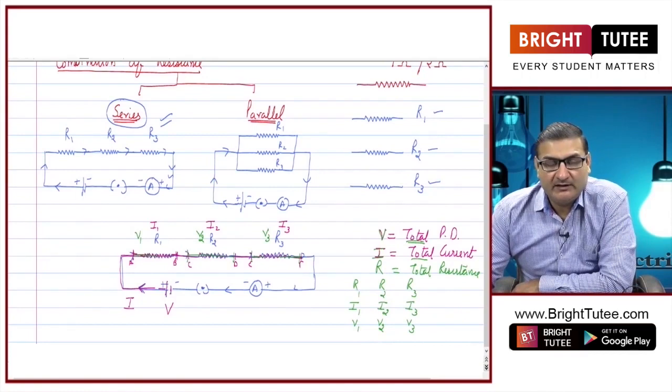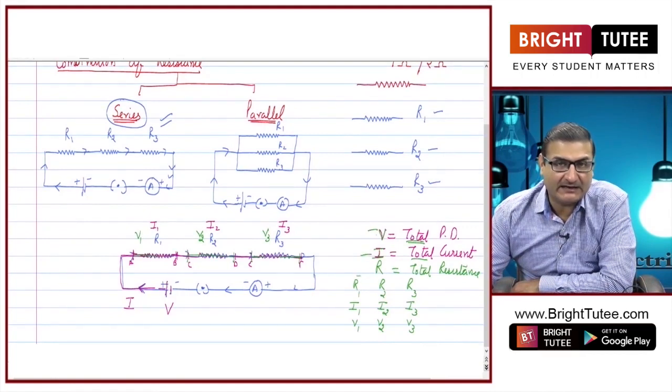So, try to be familiar with these alphabetic representations of capital V, capital I, capital R. These are the total potential difference, total current, total resistance respectively.